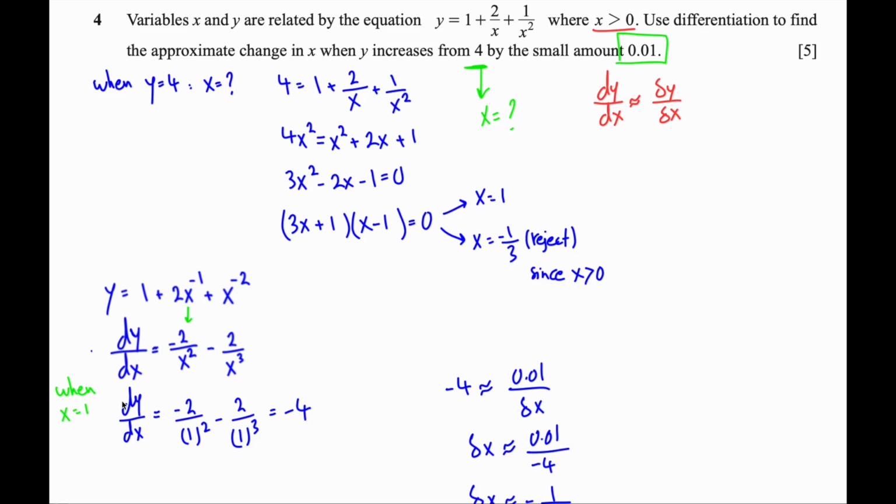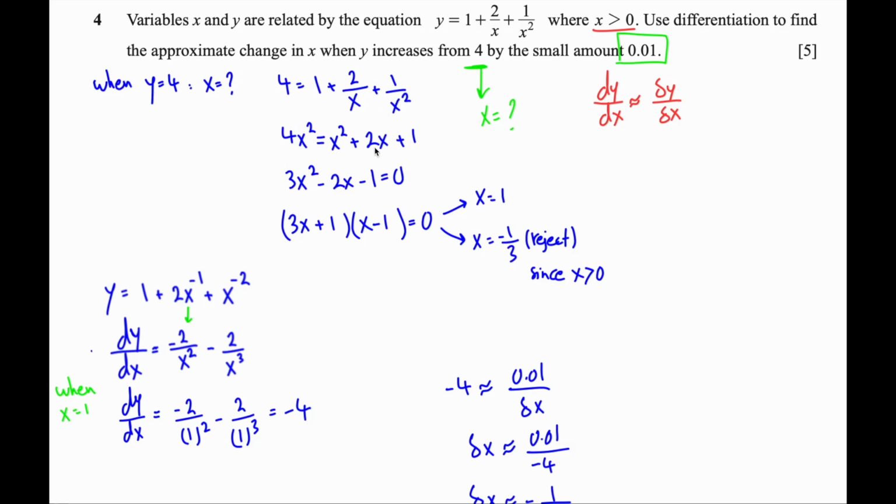Otherwise, you cannot make the substitution and find dy by dx. That's why at the beginning, it's a good idea just to make a substitution of y to be 4 and attempt to find the value of x. Once you do that, you multiply both sides by x squared to get rid of the fractions.